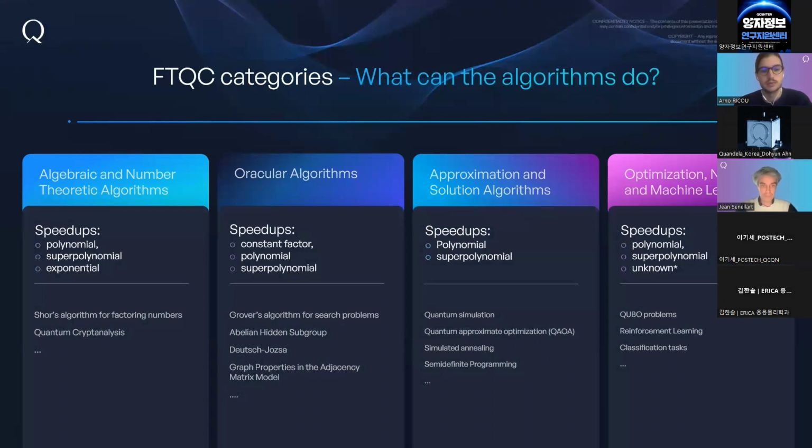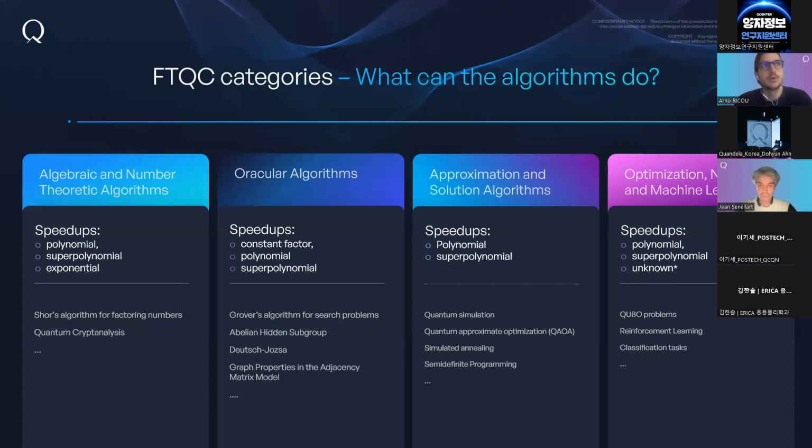Another instance of problems that can be tackled using oracular algorithms are the abelian hidden subgroup problems. And the Deutsch-Jozsa algorithm is one of them as well. I introduced it in the first class. It's about checking the parity of a function. Also, graph properties in the adjacency matrix model can be checked with oracular algorithms.